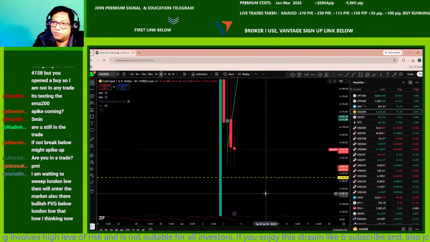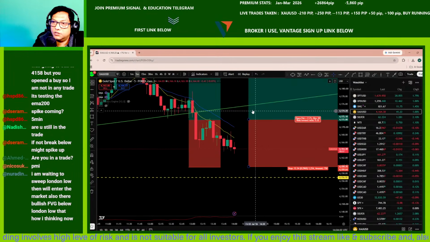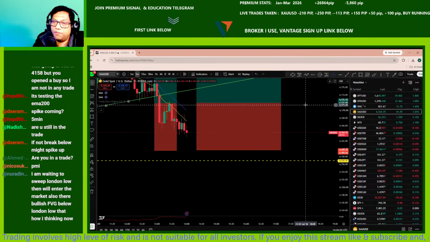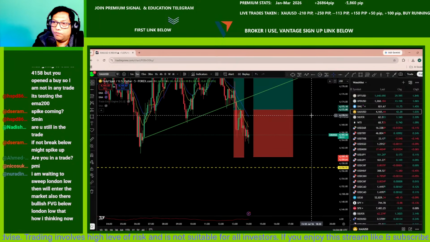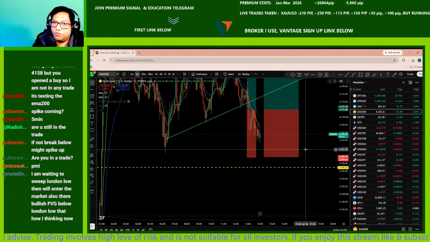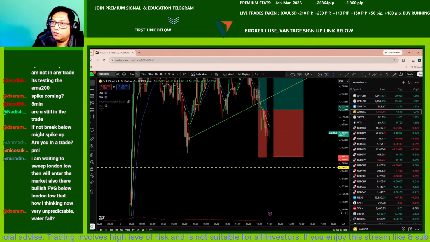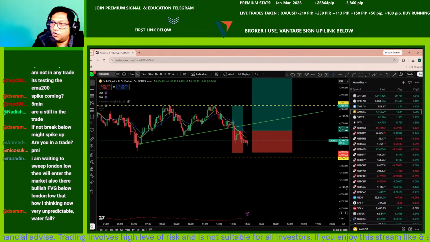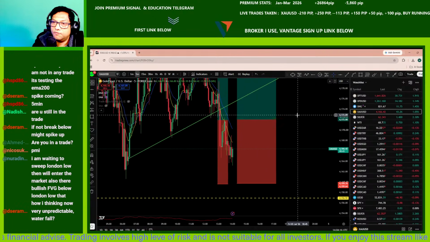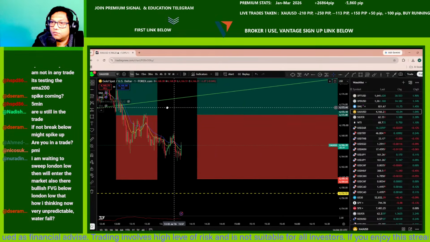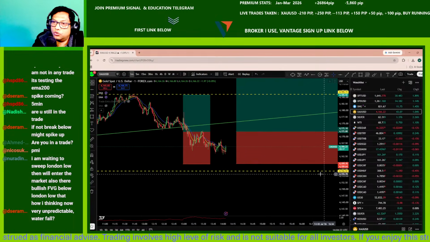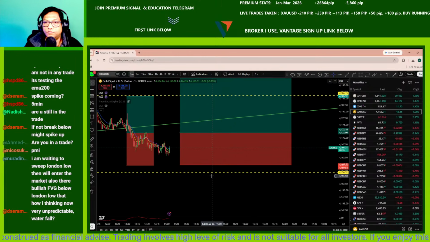It might just break below and then move up again to the upside. Very high chance for another move back to the upside. The market so far shows that price action.